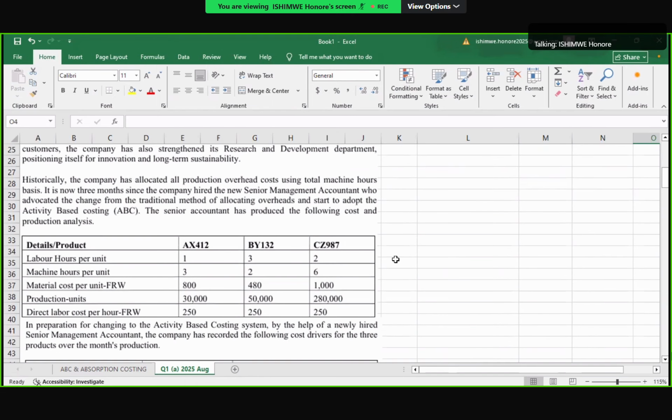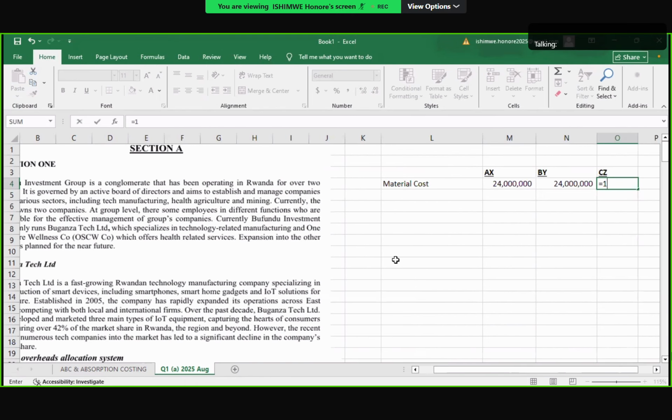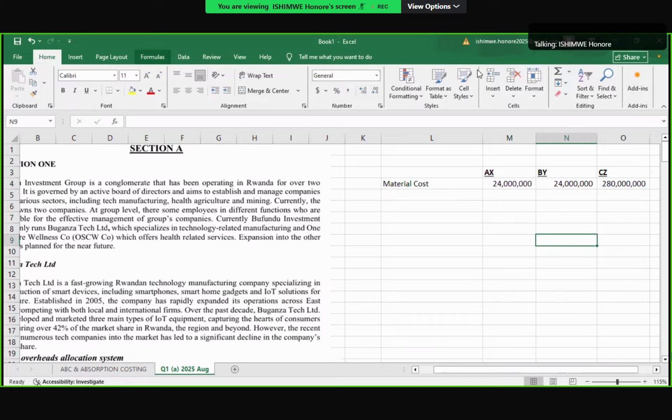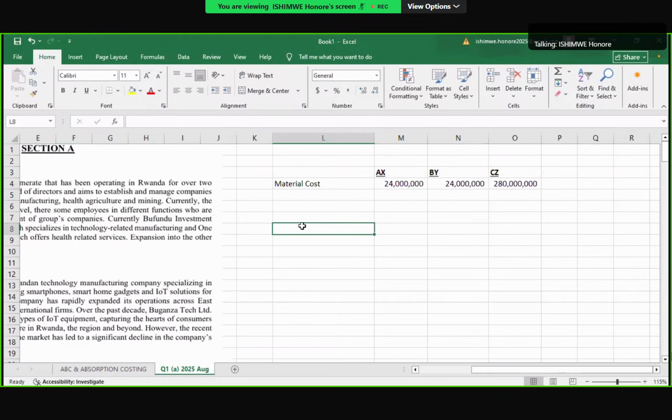So we take 1,000 times 280. Okay, I hope this is clear. So now this is our material cost.